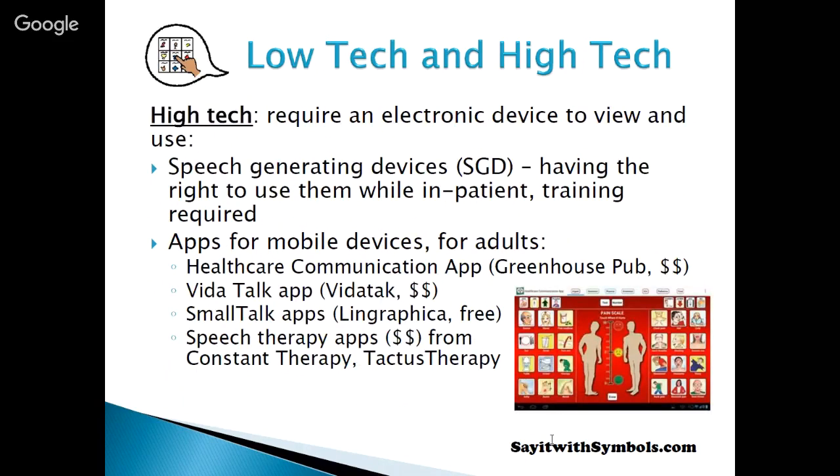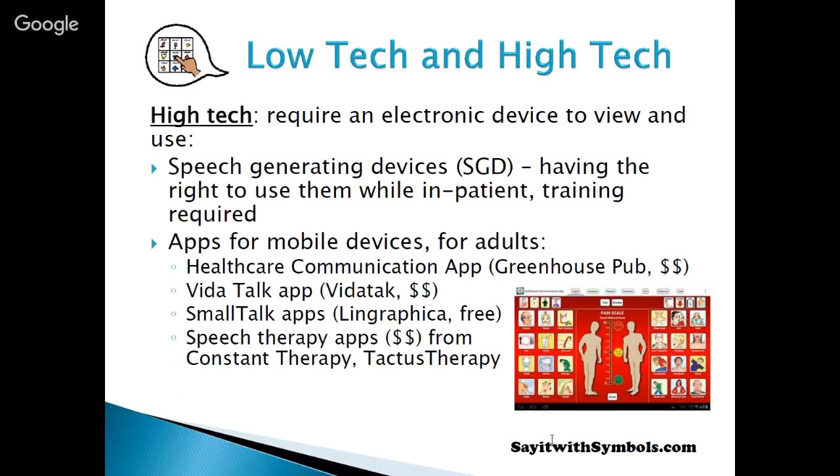High-tech options require an electronic device to view and use. Examples, obviously, that you know about are speech-generating devices. And if the individual has used one before, then they have the right to use them while inpatient. This was a Medicare issue a few years ago that fortunately was decided on the side of the patient, so that Medicare patients can use their devices while they're hospitalized.